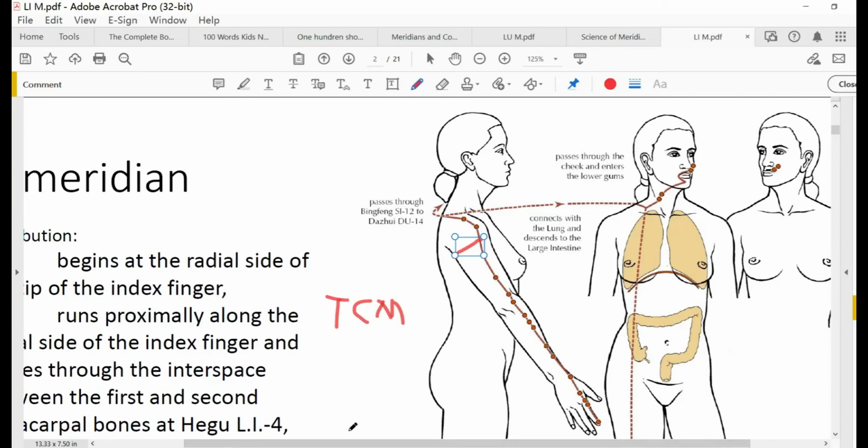Think about it. The thumb faces the front, so anterior. Right. Everyone agree? Take a look at the lung.